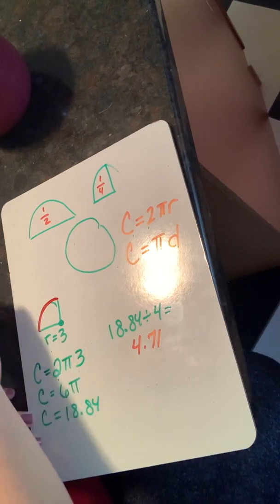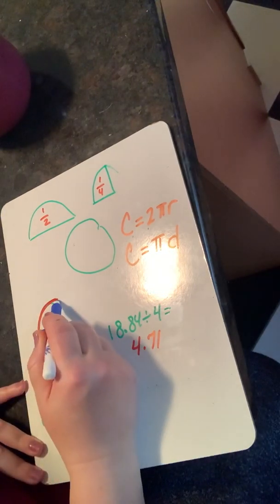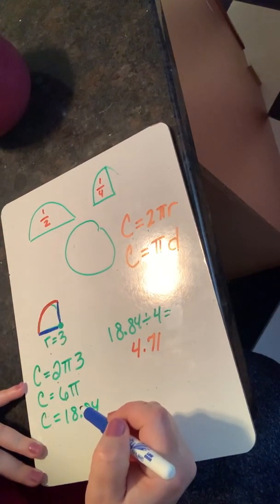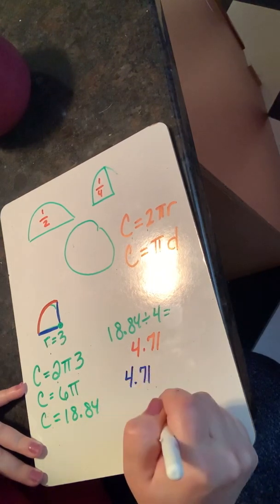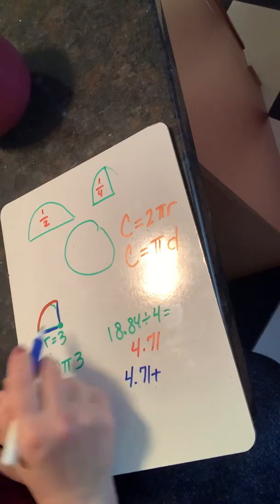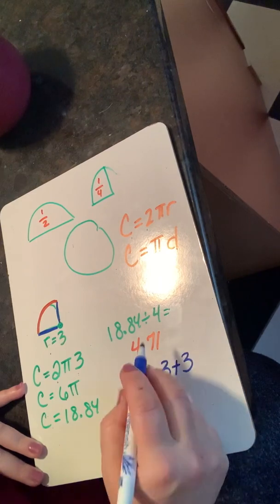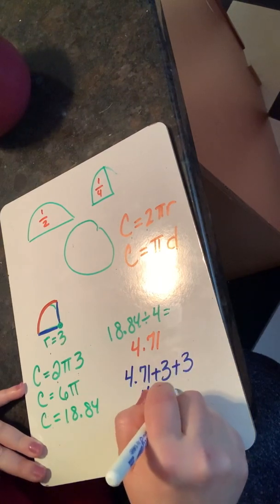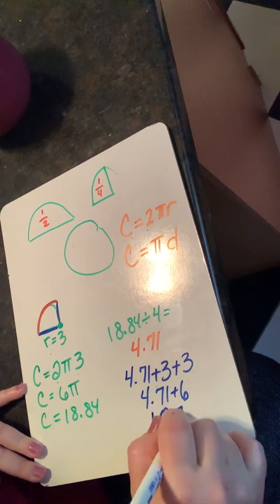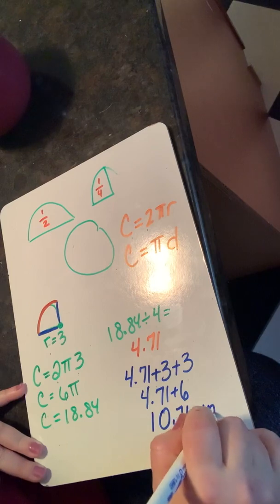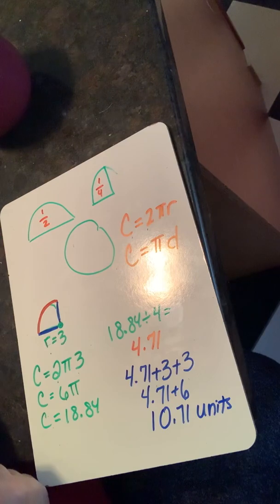So I need to add in my radius here, and close in my shape by adding my radius here. So 4 and 71 hundredths plus the first radius plus the second radius. I finish adding, and I get 10 and 71 hundredths units. And that is the perimeter of my quarter circle.